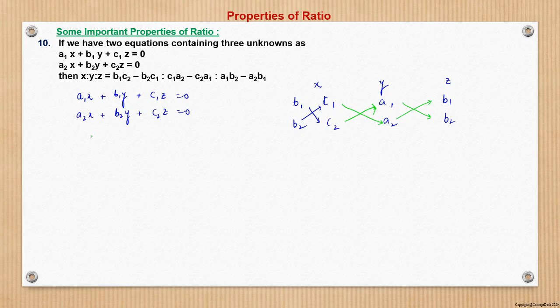So the ratio of x is to y is to z becomes: for x, b1 c2 minus b2 c1; for y, the second, c1 a2 minus c2 a1; and for z, the third, a1 b2 minus a2 b1.